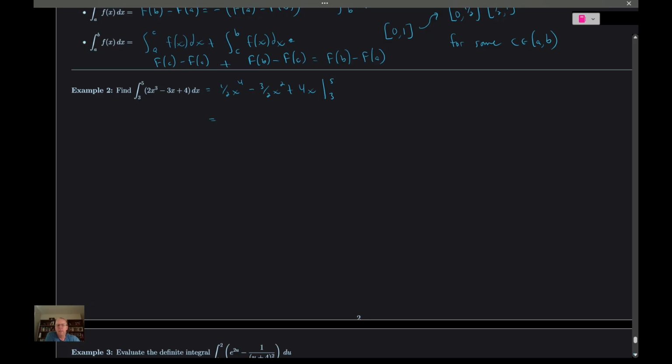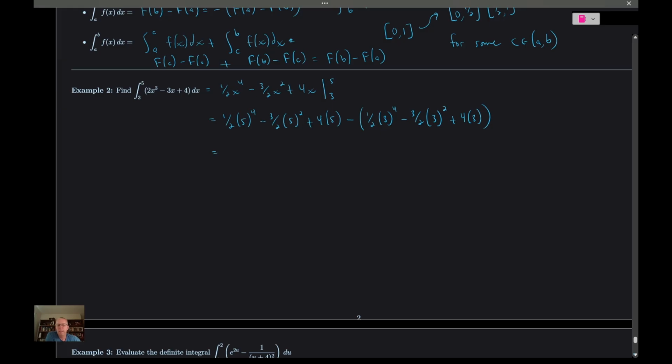So plug 5 in, we get 1/2 times 5 to the fourth minus 3/2 times 5 squared plus 4 times 5, and then minus, now let's put parentheses, we're going to subtract all of these evaluated at 3. So we have 1/2 times 3 to the fourth minus 3/2 times 3 squared plus 4 times 3.